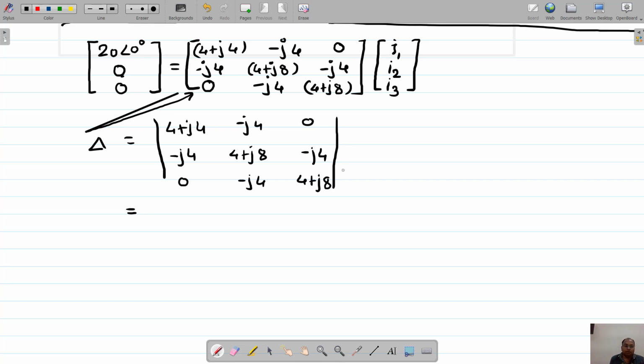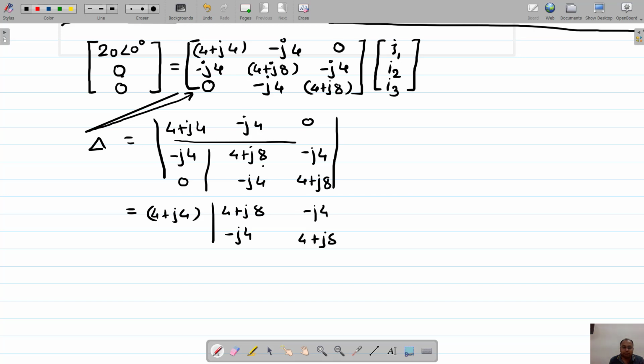I know you are well aware of how to find the determinant, right? So 4 plus j4 into the bracket. We are going to exclude the first row and first column, so 4 plus j8, minus j4, minus j4, and 4 plus j8. Great. Minus of, we used to write minus for the middle term.